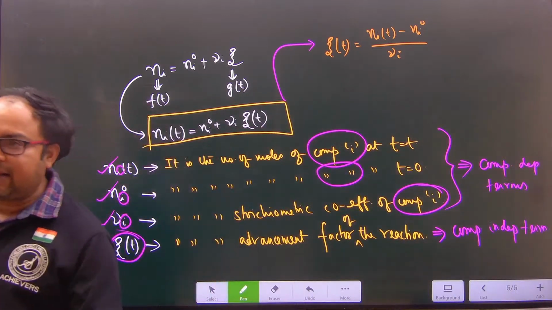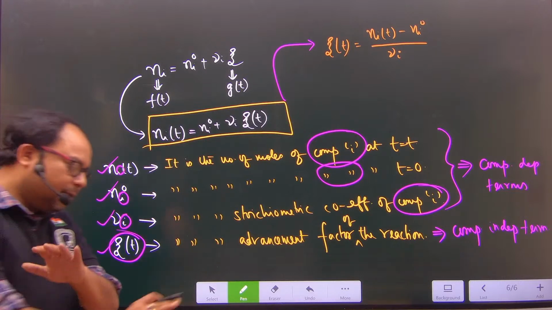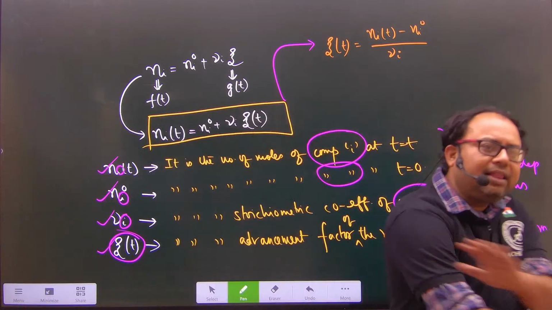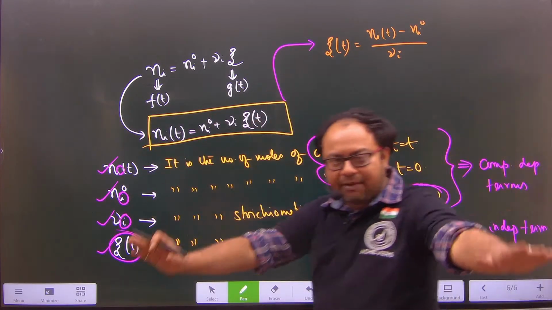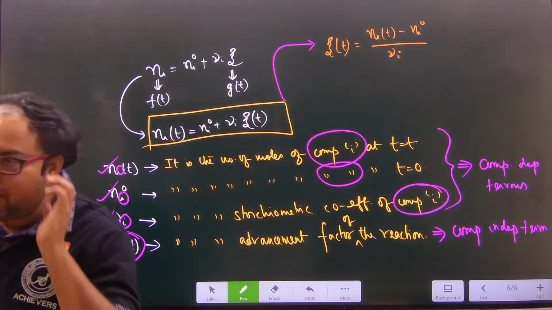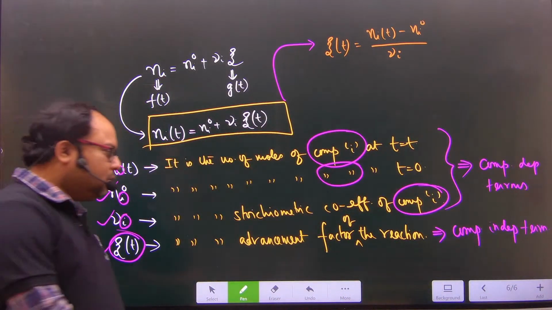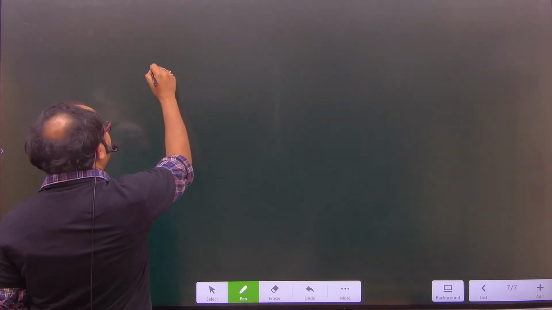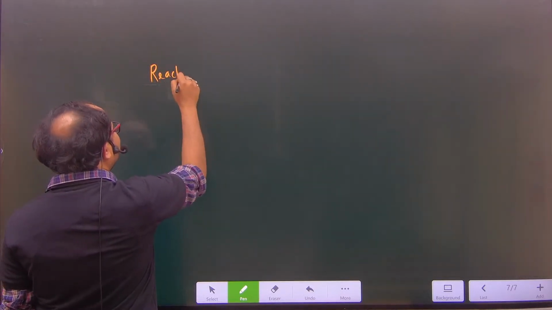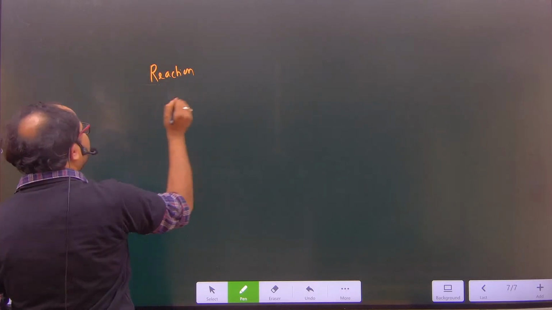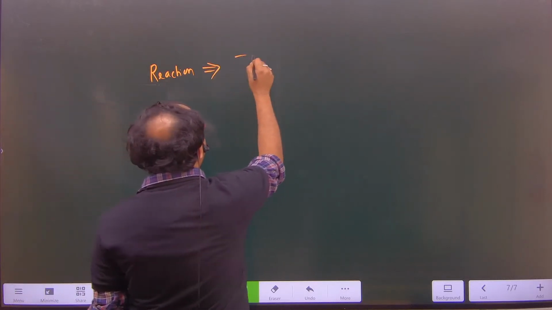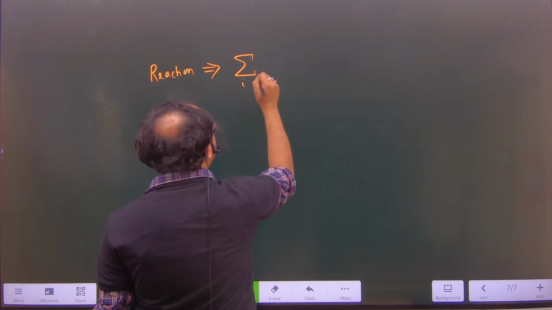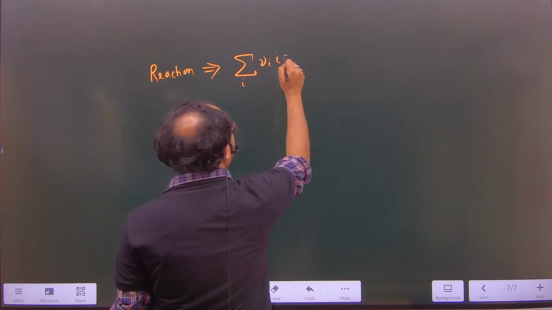So before getting into that, let us summarize all the equations that we have studied till now. We have got a general chemical reaction represented as summation over nu i equal to 0.